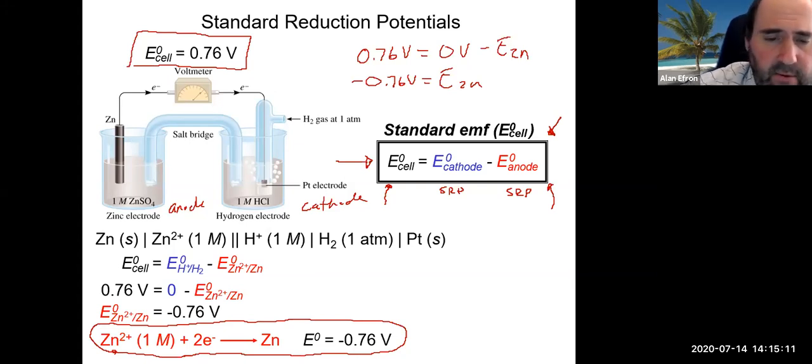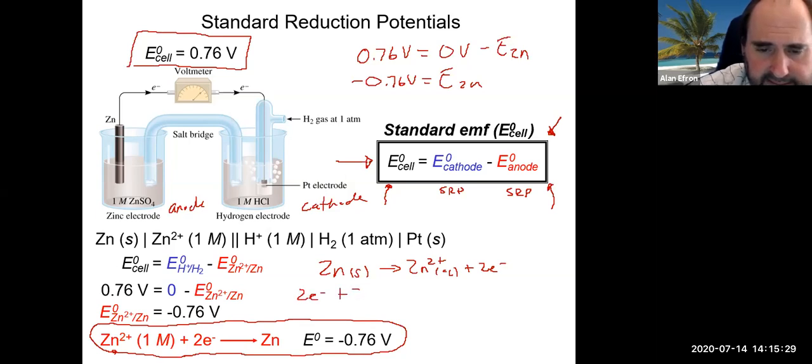When you look at a reaction like this, if we were to write our two half reactions going on here, and I think we had 2 electrons plus 2 of these.